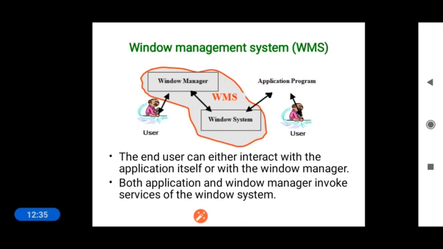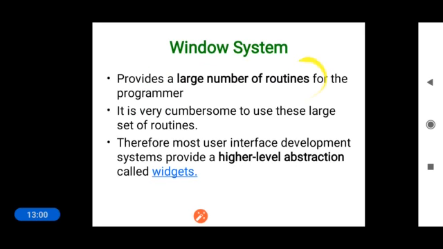Now, how to use the windows that are available in this window system? That can be done either by using a window manager, or we can also have any application program. That means a user can make use of the user interface of the window system either by using a window manager or by using any application program.